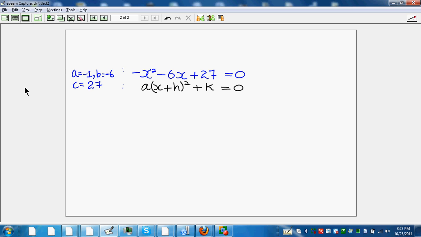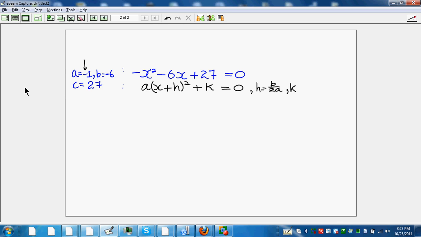Now we already know what A is. A is minus 1. We need to work out what H is. H is equal to B over 2A. That's what H is.